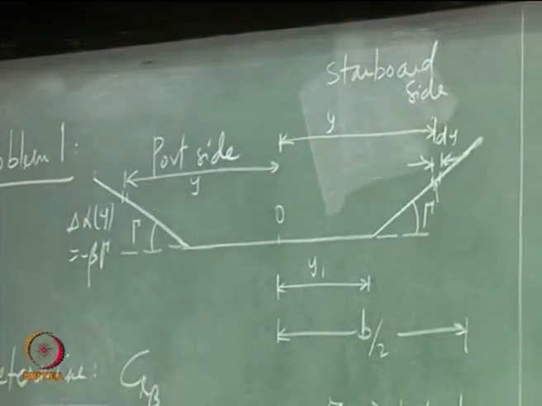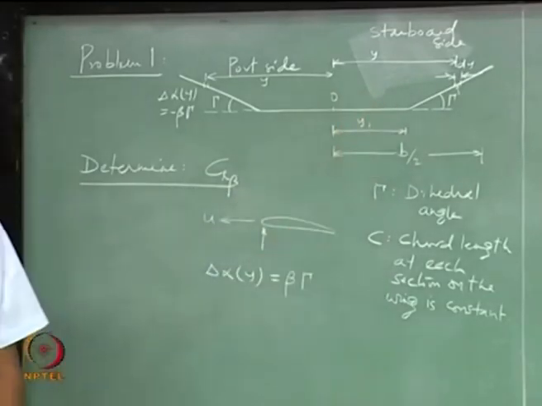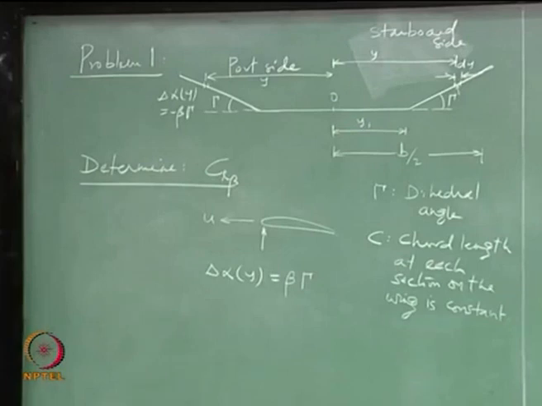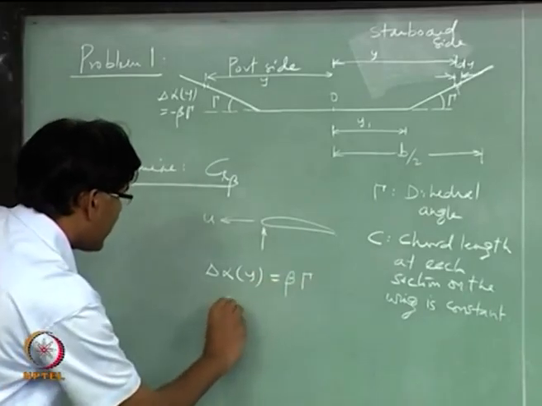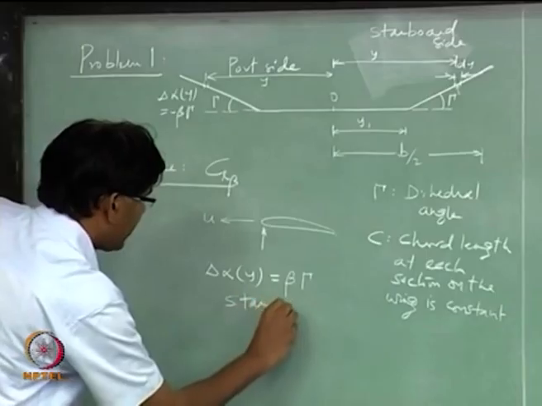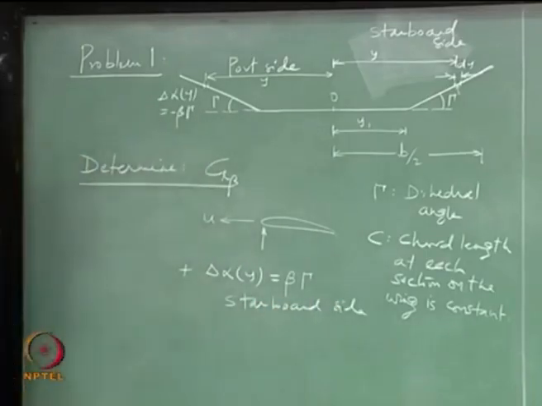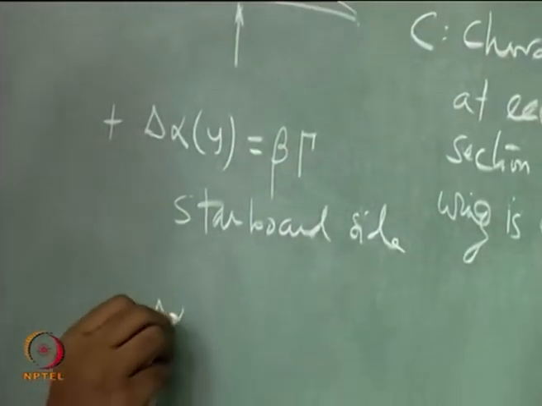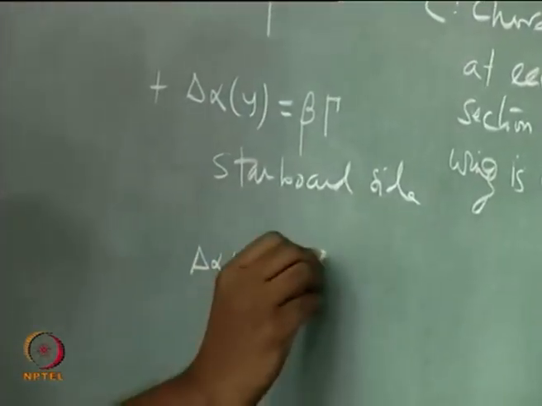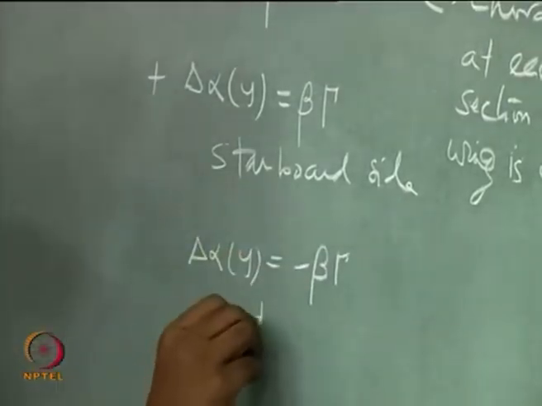I want to find out what this CL beta is for this particular kind of wing, right. So, this is for the starboard side. Positive angle of attack, right. Delta alpha y is minus beta into dihedral angle on the port side.